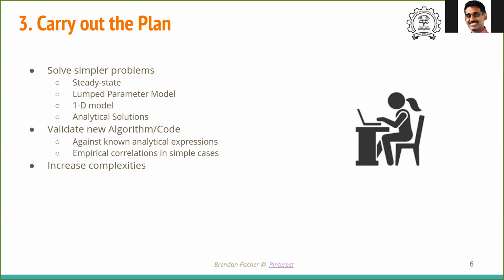Once you have simplified geometries or simplified equations, you can get analytical solutions. That is the first set of things that you will be solving. Once you are confident of this, you can go and increase the complexities, and then validate against these simplest solutions.